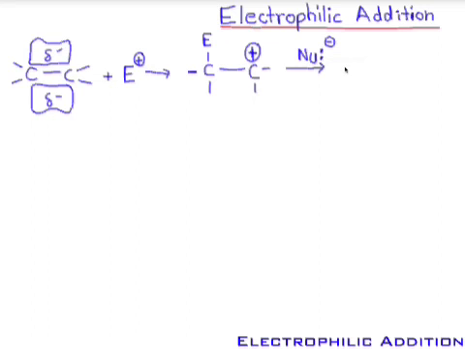And if the nucleophile comes in, then you've ended up adding both an electrophile and finally a nucleophile. Now, the pi bond ends up being converted into two sigma bonds.